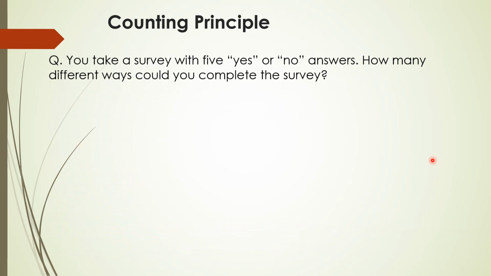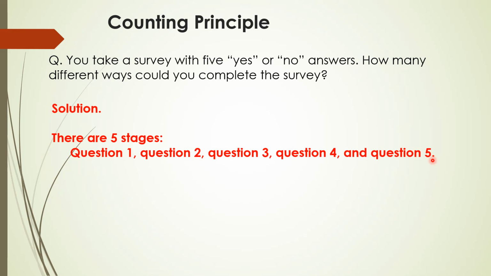So the question here now, you take a survey with 5 yes or no answers. How many different ways could you complete this survey? So there's 5 questions and each of them is yes or no. So simple solution. There are 5 stages, being the questions. Question 1, question 2, question 3, question 4, question 5.